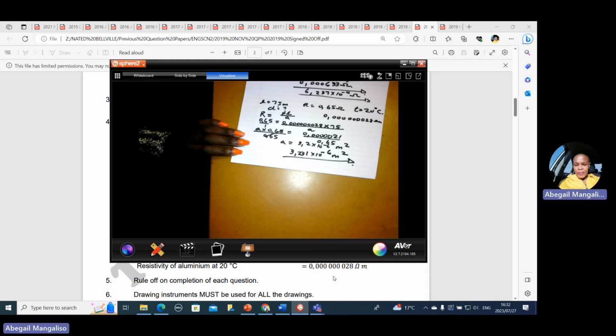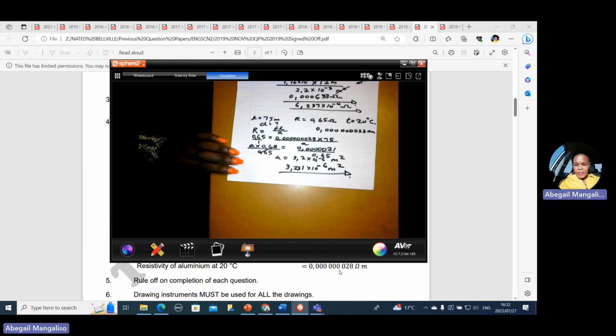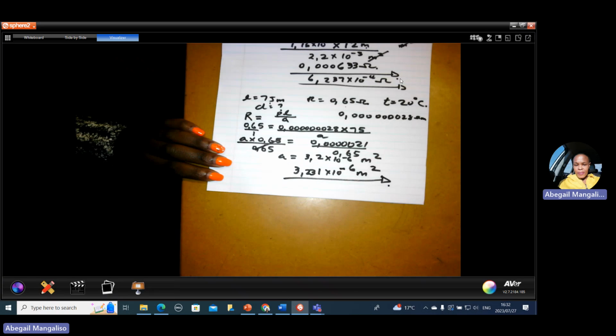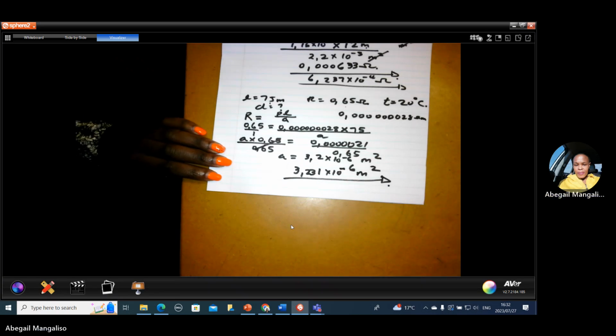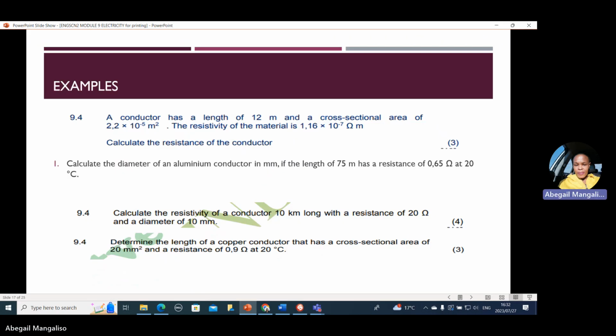We got to the area, but the question says calculate the diameter. So you must use the formula of an area. Let's look at the question again. It says calculate the diameter of an aluminium conductor in millimeters.